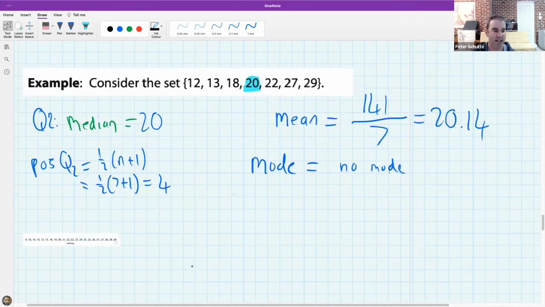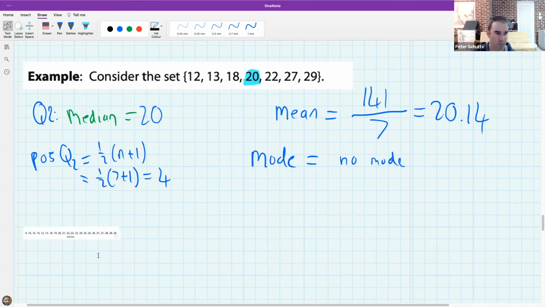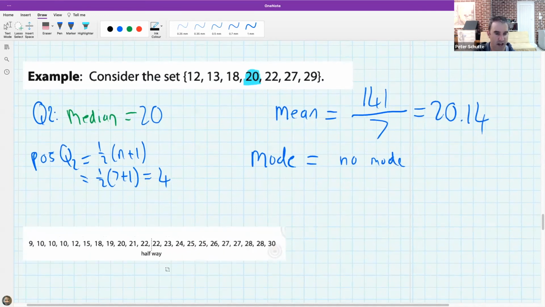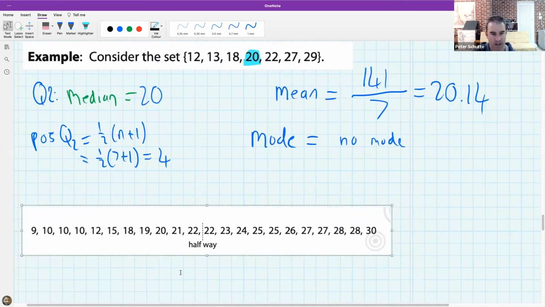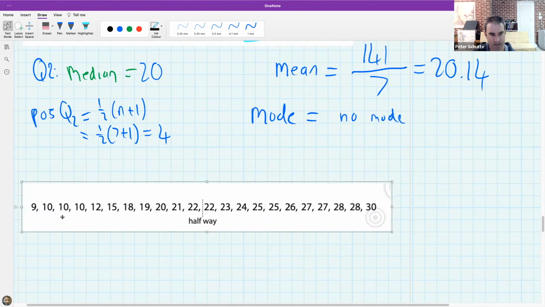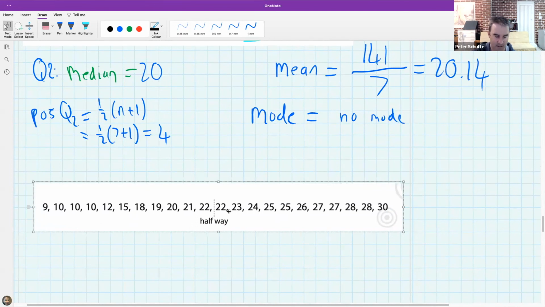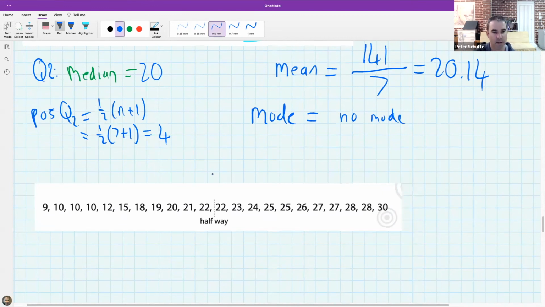And I want to end the lesson with a little bit of a preview of something called quartiles. So what you have here is a much bigger data set. And sometimes when we talk about bigger data sets, we don't just talk about the middle of the data, or what we call Q2. We often are interested in something called Q1, which is almost like the middle of the lower part of the data.